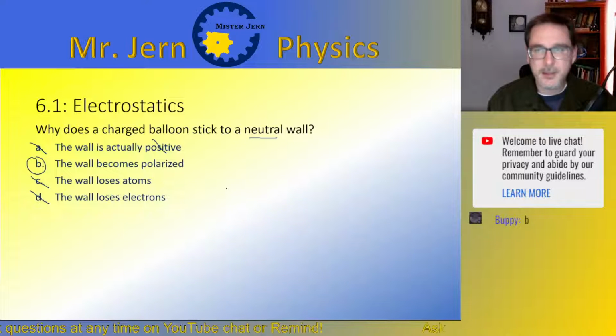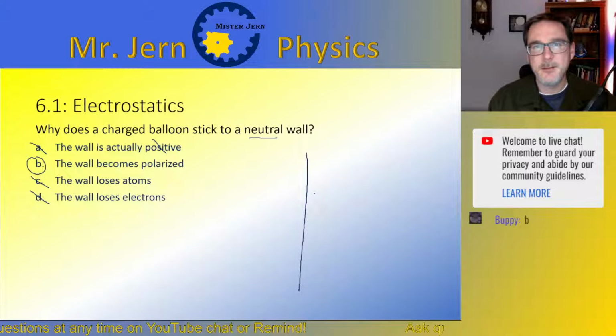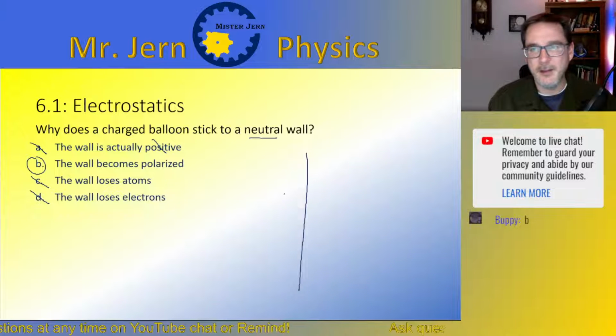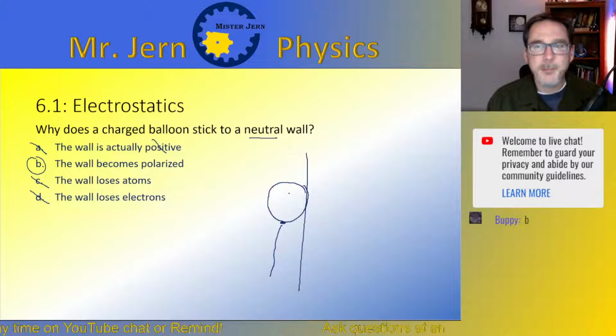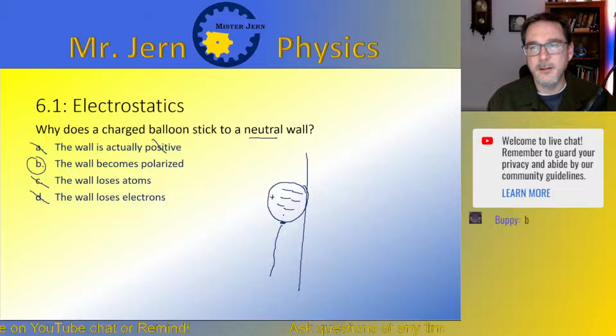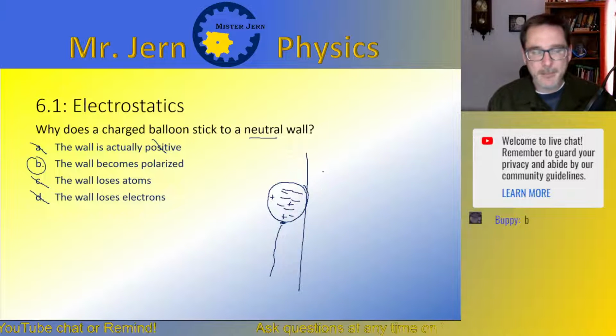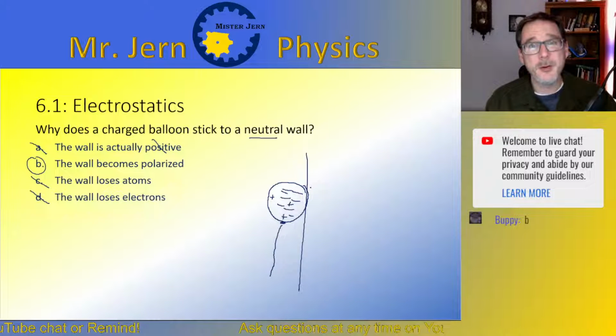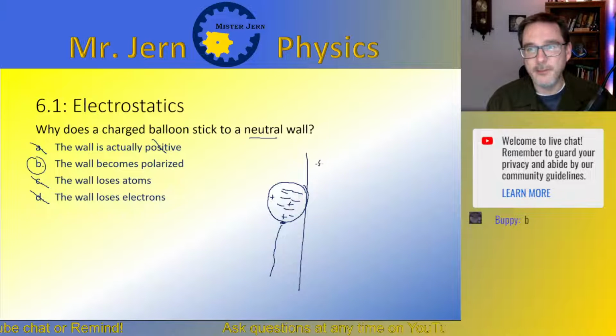And if you remember the PhET simulation, it was one of the things on the intro screen. If you've got a balloon coming near a wall, here's the balloon, here's the little string, and the balloon is overall more negative. Maybe there's a couple positives here and there, but overall it's more negative. Maybe you rubbed your balloon on some fur or your hair.